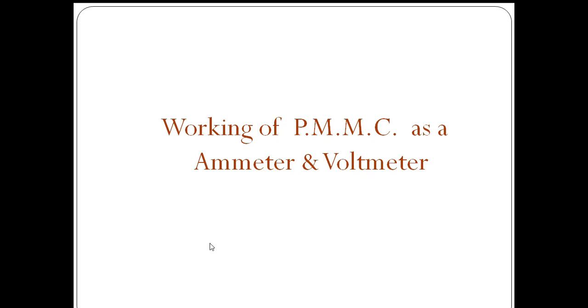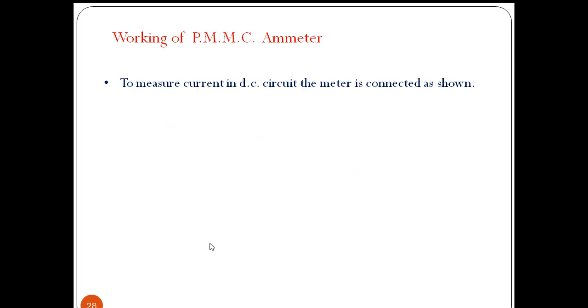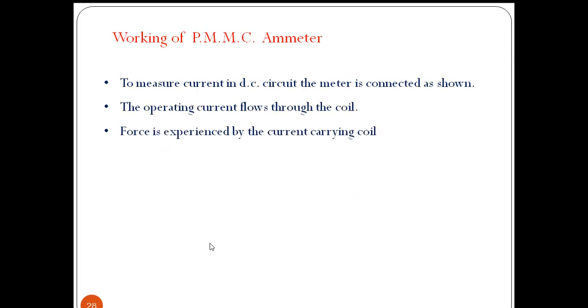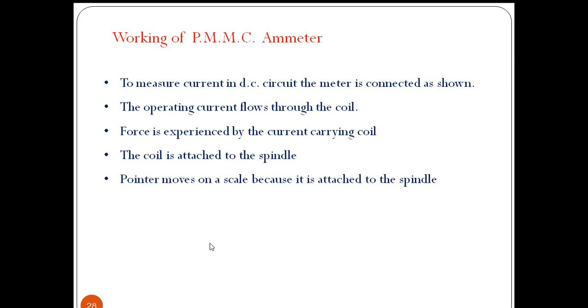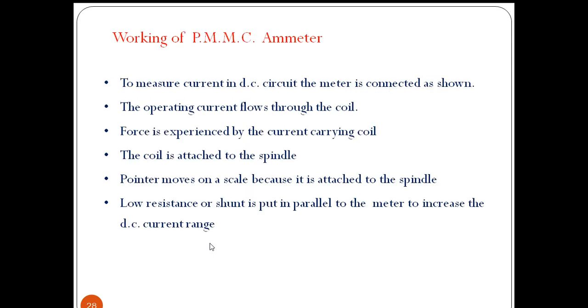Now we will see how this PMMC meter works as an ammeter and voltmeter. First of all, we will see how it works as an ammeter. To measure current in a DC circuit, the meter is connected in series with the load circuit.